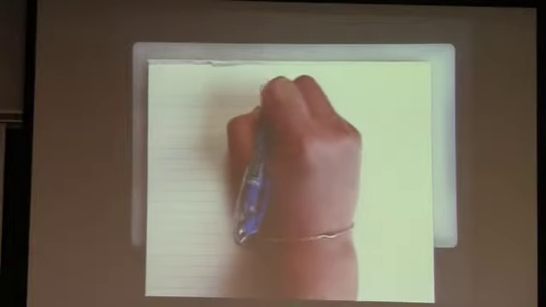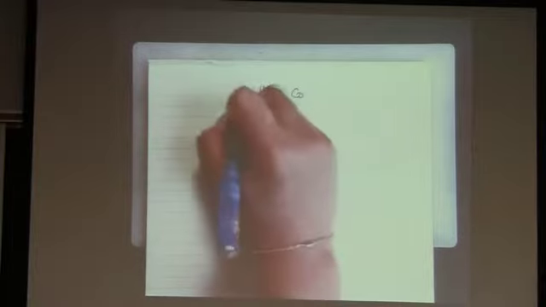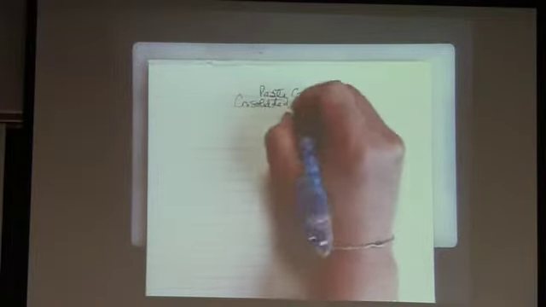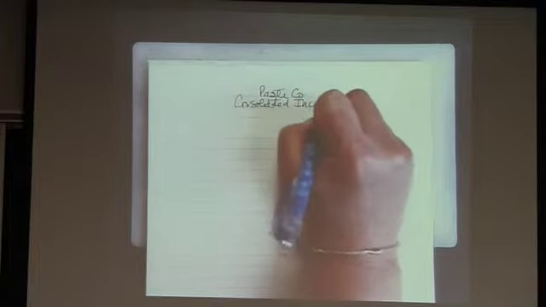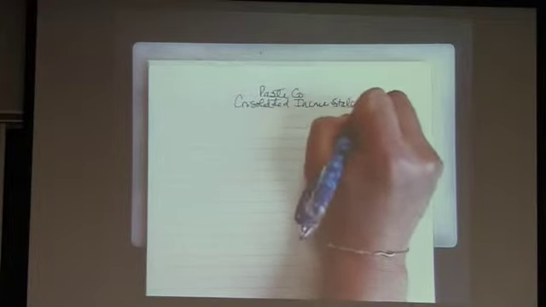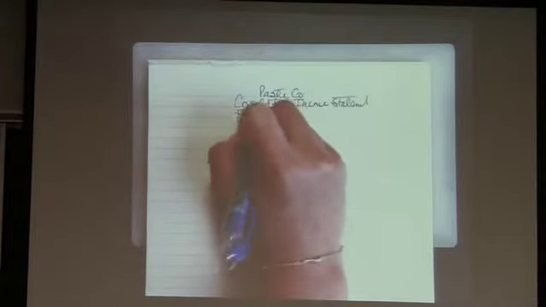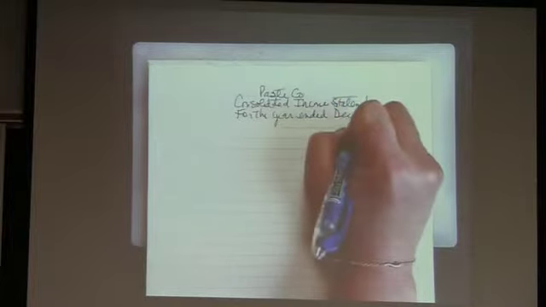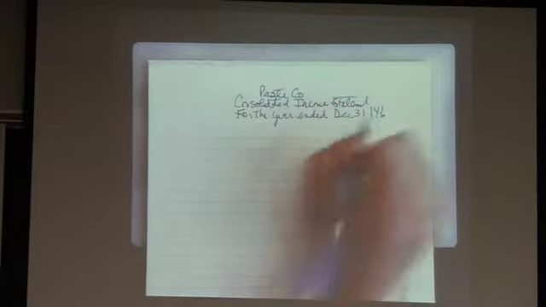Okay, so let's move on. The first part of the question is asking us to prepare a consolidated statement, so let's do that. So P Company consolidated income statement for the year ended December 31st, year 6.